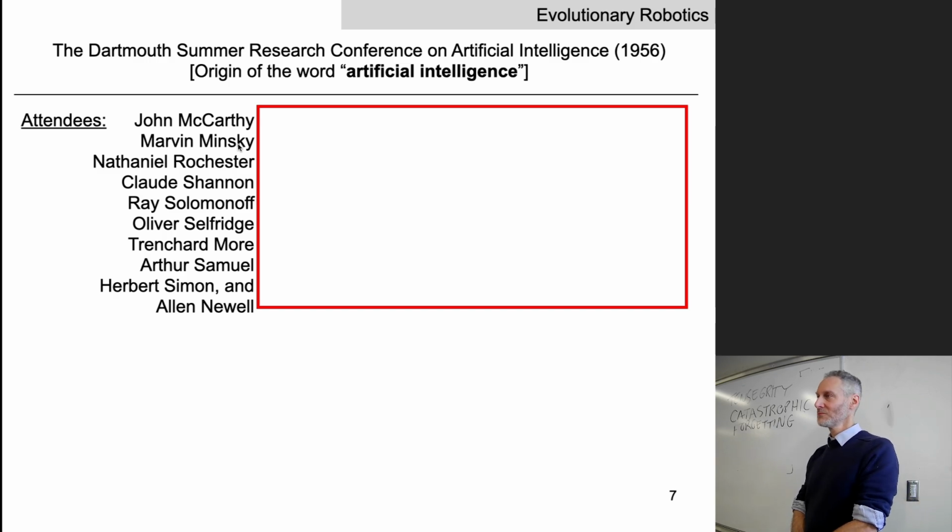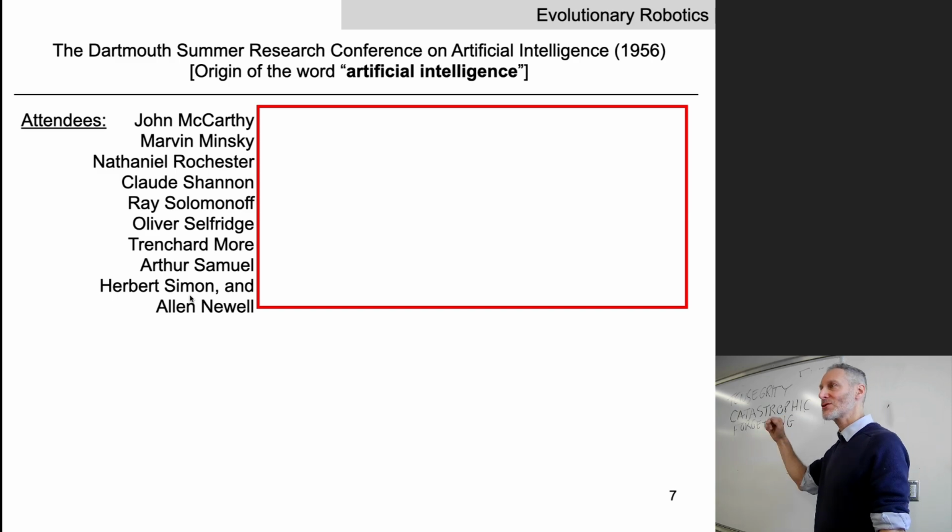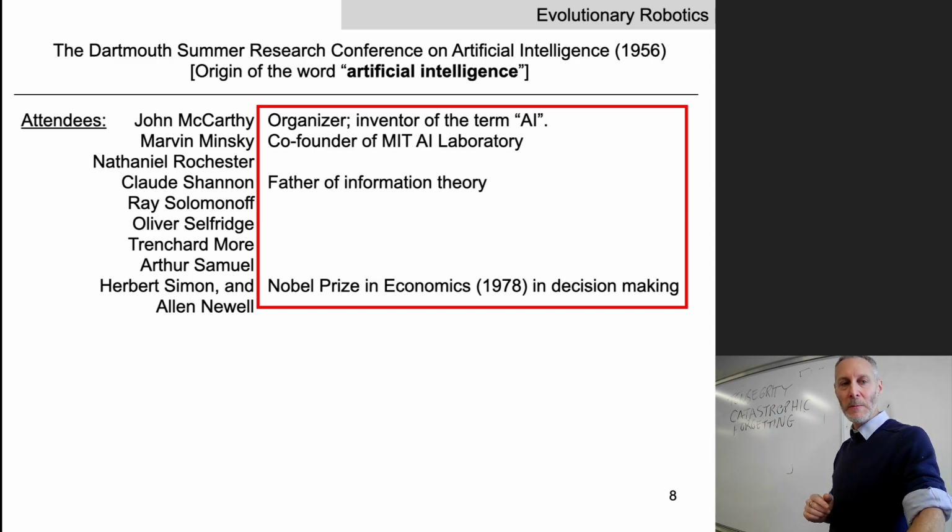I believe Simon and Newell worked on some of the initial stuff for neural networks. They worked on, most of the folks on this list worked on something that looked like a neural network. You mentioned Herb Simon, who's on this list somewhere. If you've ever taken a class with Professor Skalka here at UVM, Professor Skalka was Professor Simon's very last grad student. So if you know Chris, ask him some stories about Herb.